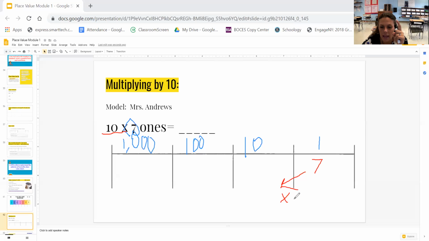So those 7 ones now become 7 tens. 10, 20, 30, 40, 50, 60, 70. So truly, I have 70. 10 times 7 ones is 70. And my strategy was using my place value chart to show the patterns of 10. Let's go ahead and have you try.